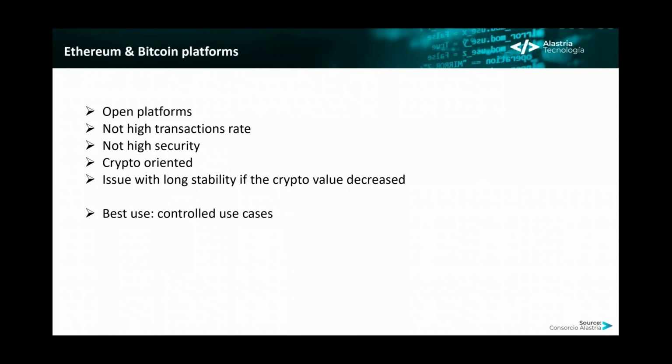The use cases you can deliver on them are very extensive, but with these five points in mind. If your system needs high security, a high transaction rate, or more controlled security, those are not the platforms you need to select.